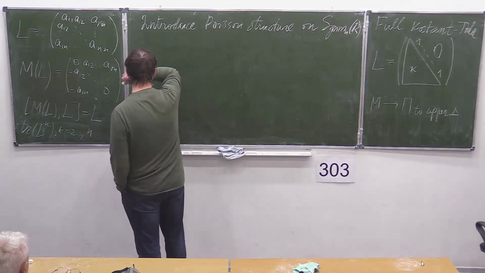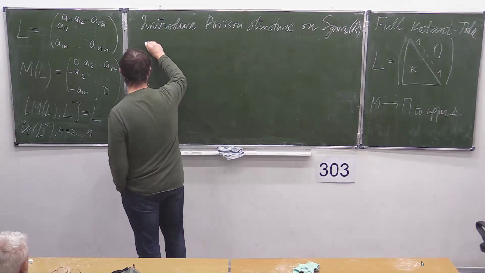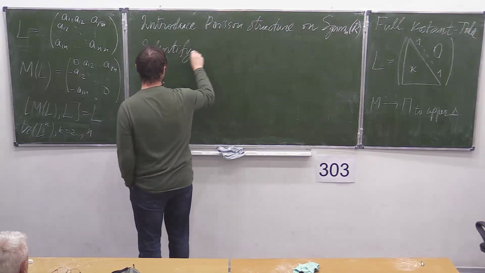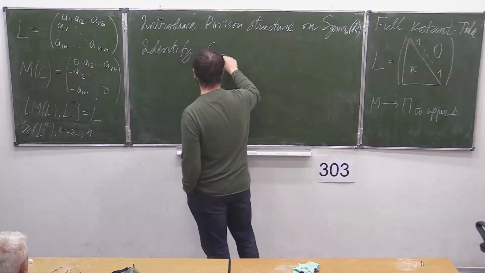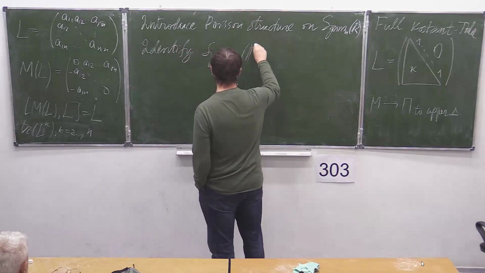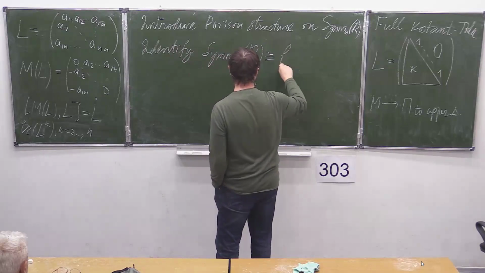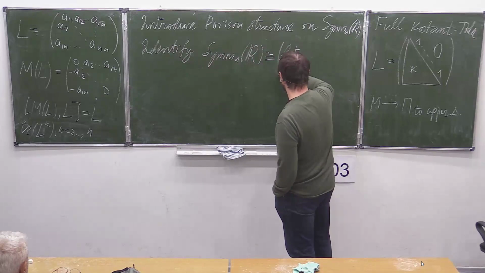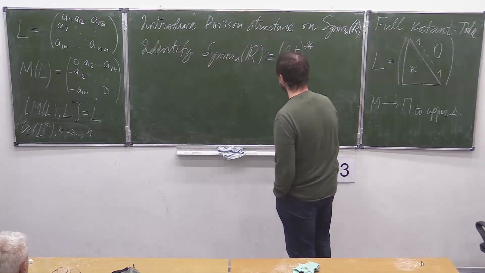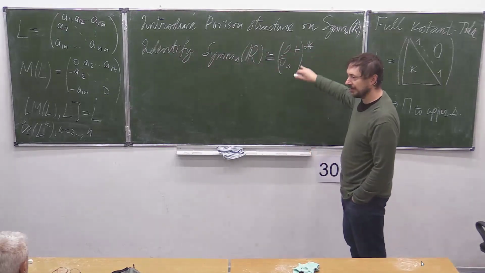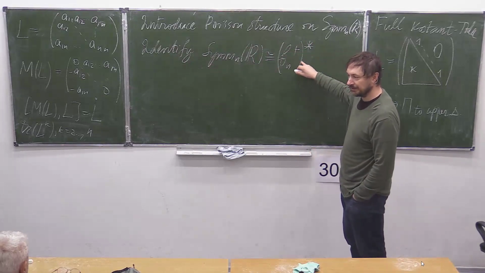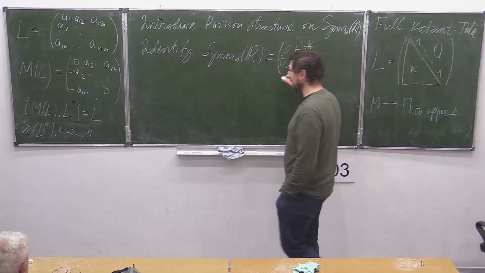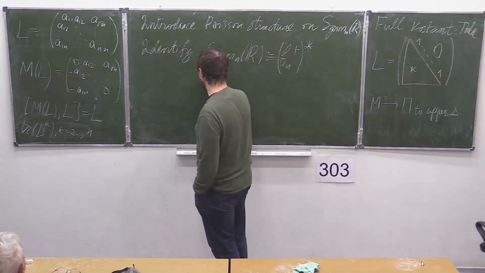Well, there are a few ways to do it. I begin with something very stupid. I identify symmetric matrices with the space of upper triangular matrices, which I actually dualize somehow. And then I use the standard Poisson structure on this space. You can do this in a very naive way.